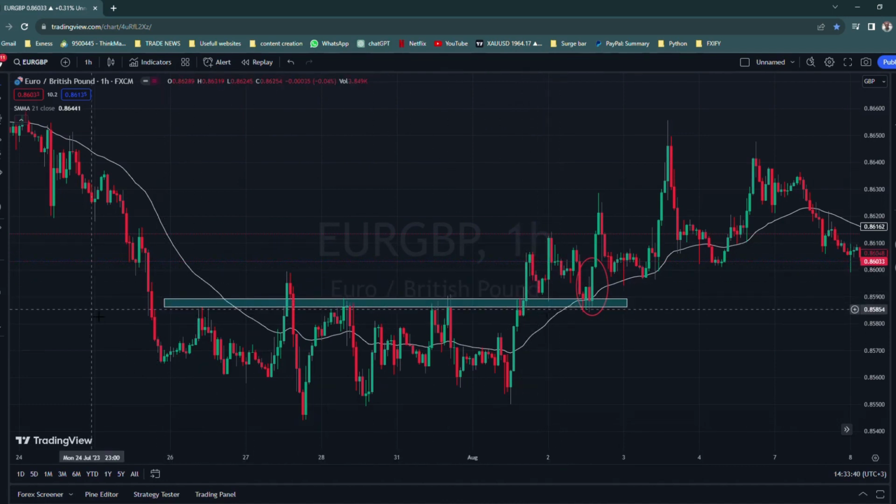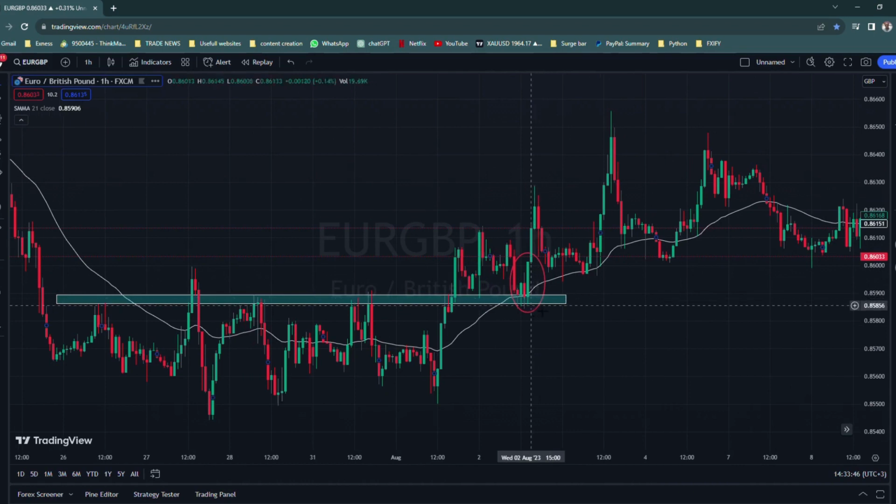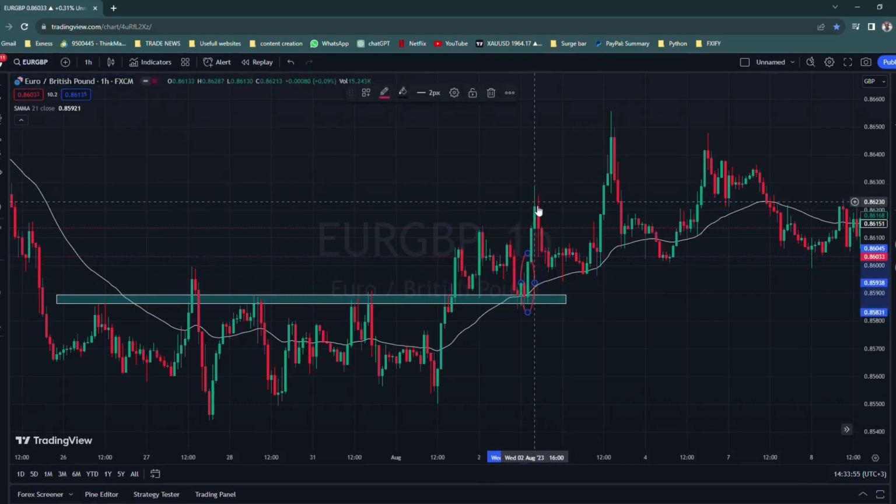Now if you look properly, this zone was retested right here, and this retest provided a very good, strong engulfing candle that was a very good signal to enter a buy position, and you can see the return was amazing.